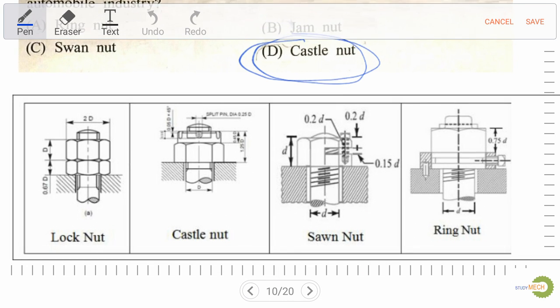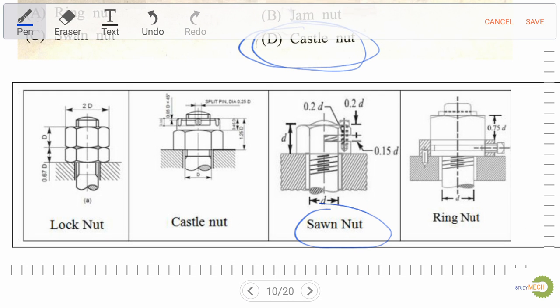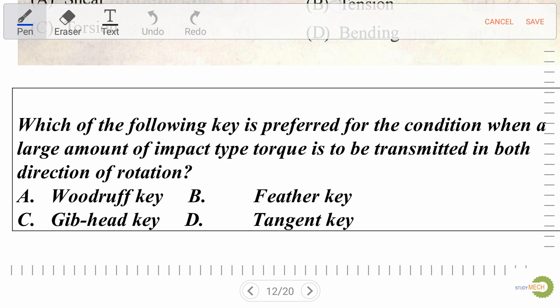Now regarding swan nut, there is a slot in the nut, so we can develop a tension. Now regarding ring nut, there is a ring arrangement for developing a stress or tension. Now let's move to the next question.